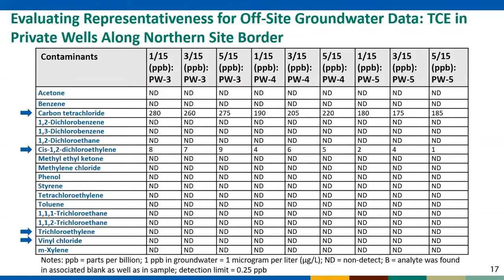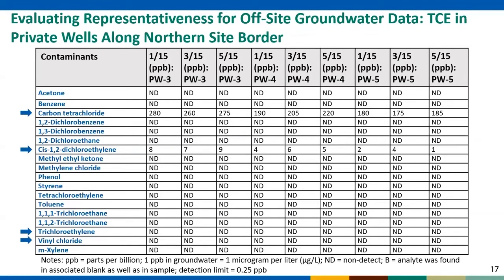Now let's look at the representativeness of offsite TCE data for the drinking water pathway. This table presents the results in parts per billion for private wells 3, 4, and 5. The other private wells did not have any detection of VOCs.